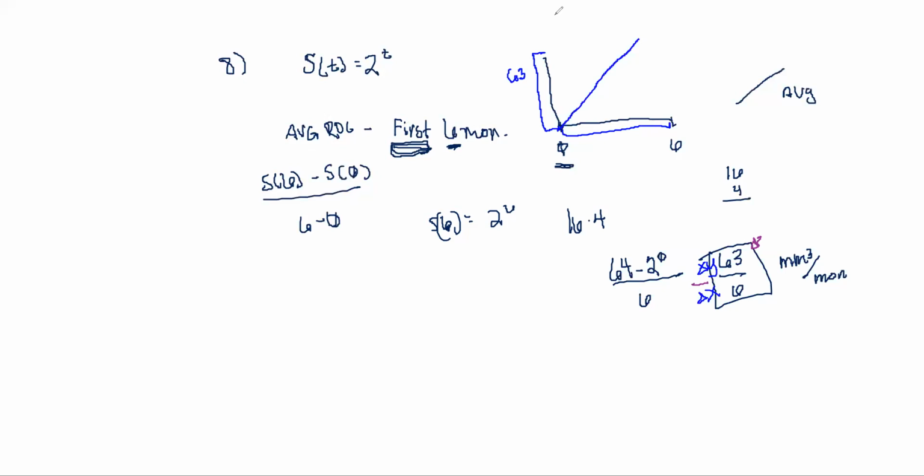Okay. All right. Now, for part C, we do what Casey was saying, though. Exactly. So we would take S of 6.01 minus S of 6 all over 6.01 minus 6.